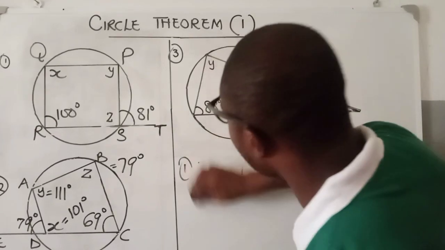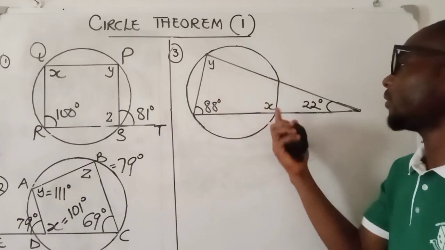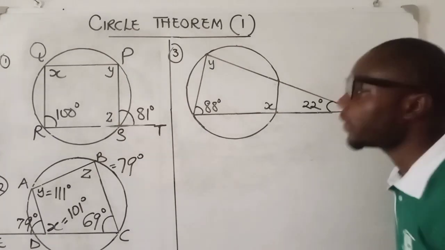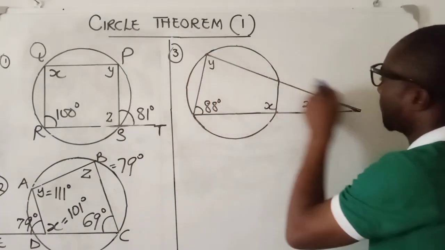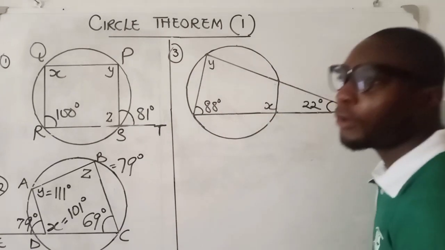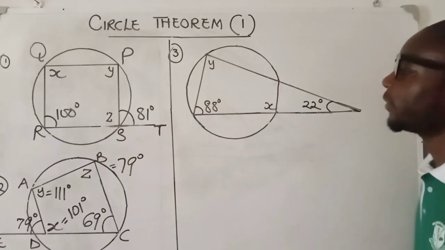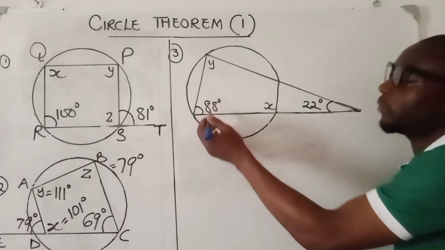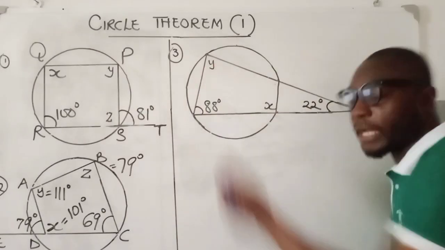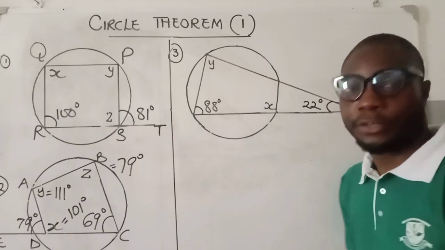For question 3, to get the value of y and z, we're going to consider this triangle. You can see this triangle here. We recall that the sum of angles in a triangle is equal to 180 degrees. That means this angle, which is 22 degrees, plus 88 degrees plus y degrees, is equal to 180 degrees.